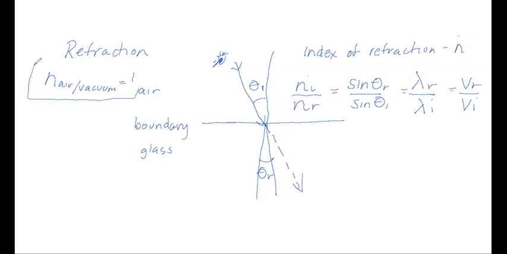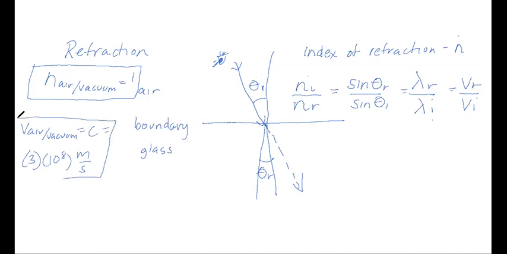And that's a nice thing to memorize. And also the V of air or a vacuum equals C equals 3 times 10 to the 8th meters per second. I know we've talked about that before, but that's also a great value to memorize.